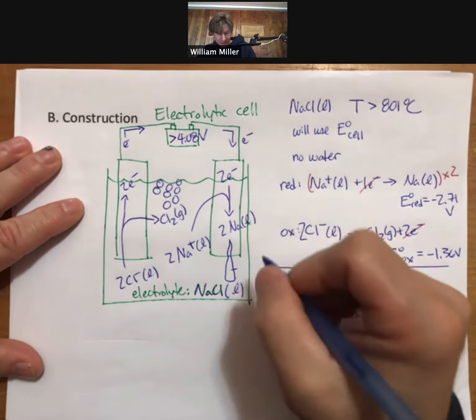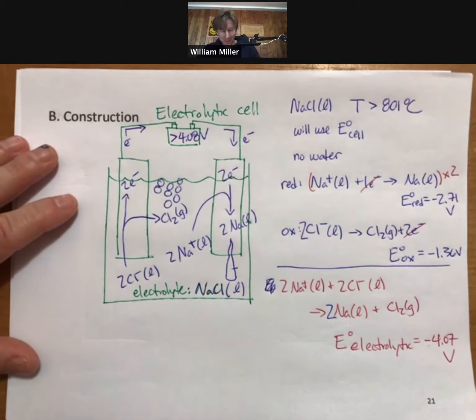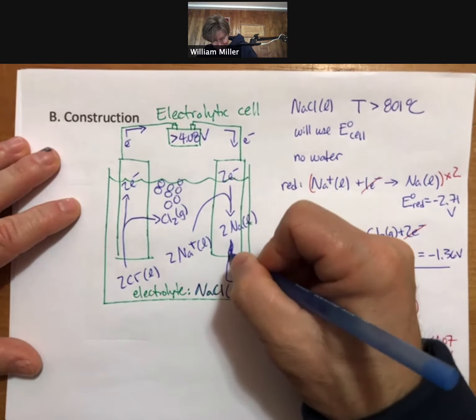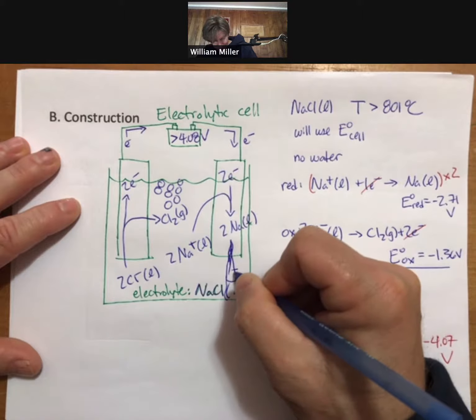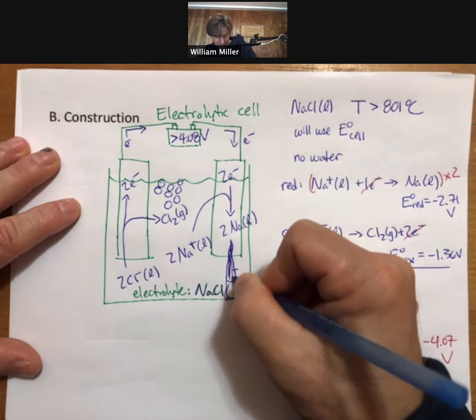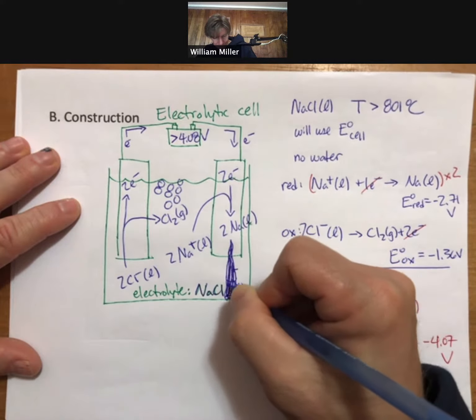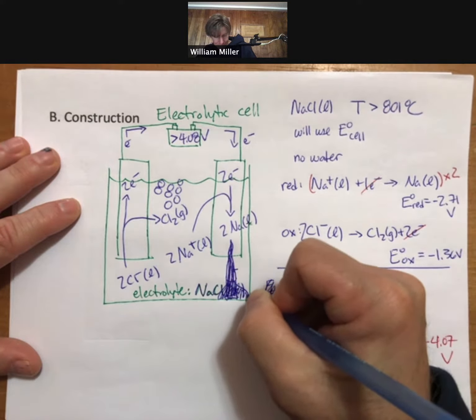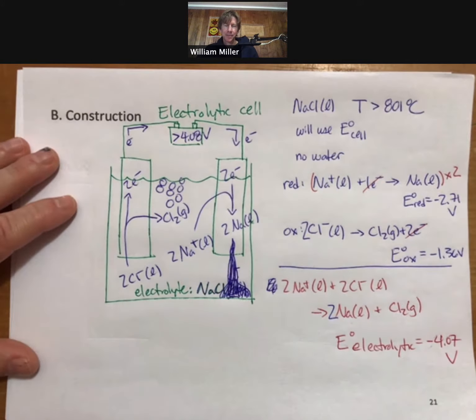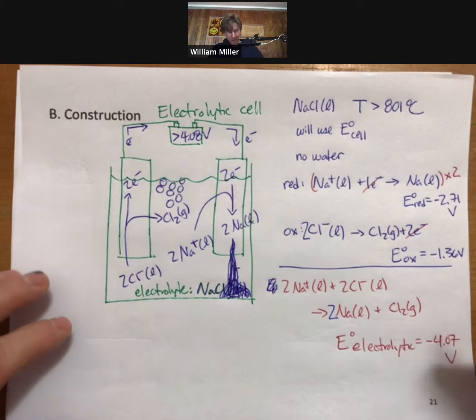I don't know what that is, but it's supposed to be a liquid. It's going to drip all the way down here to the bottom and start collecting in a little pool, like so. So that's complete construction of an electrolytic cell.